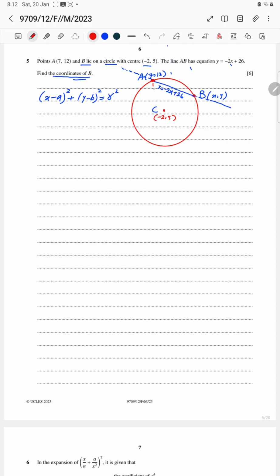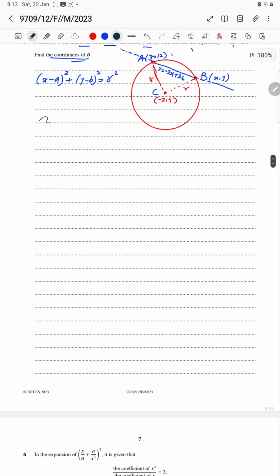For r, we can find the distance between A and C or B and C, but we don't have the coordinates of B, so we will go with A and C, since both give the radius. Because of the unavailability of the coordinates of B, we cannot use the length BC.